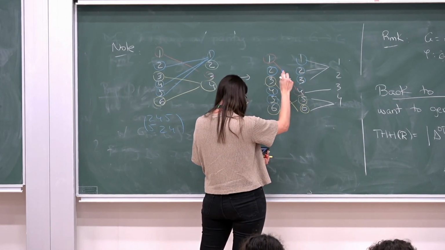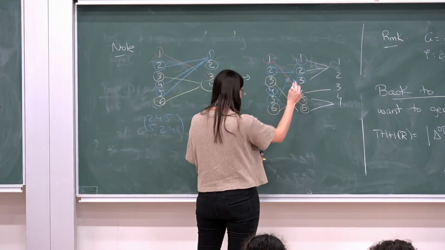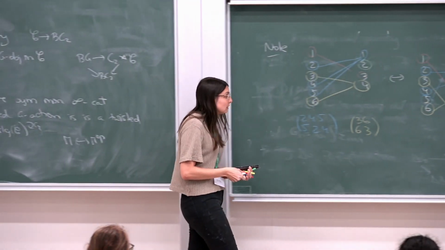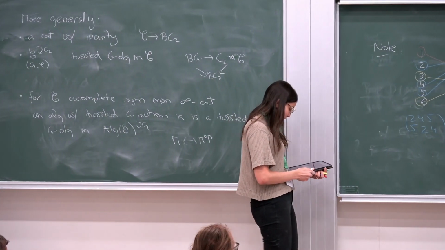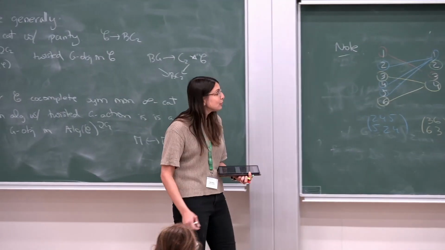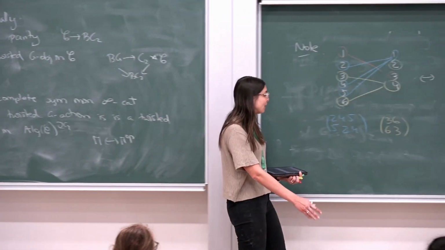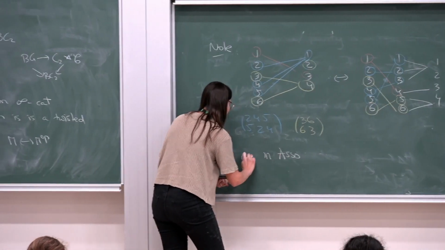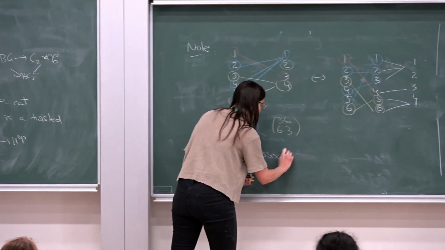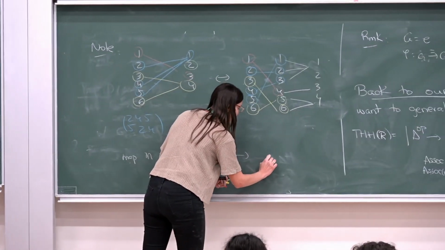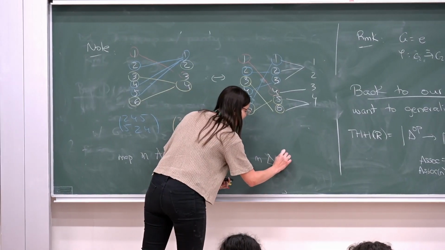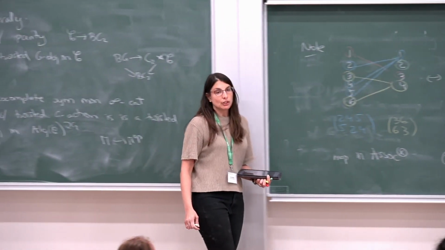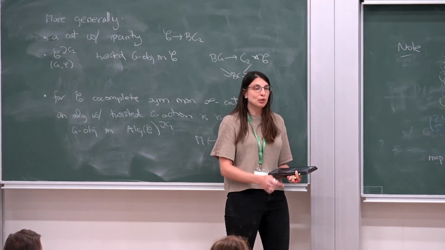And again, I'm told what to do by this permutation. So what we have observed here is that a map in assoc tensor corresponds to a map in delta sigma. This is a pretty clear recipe of what to do.